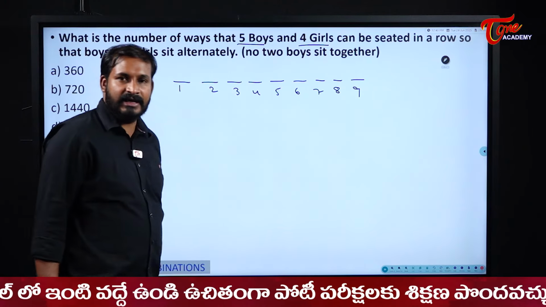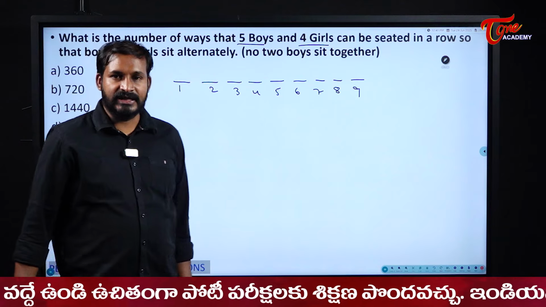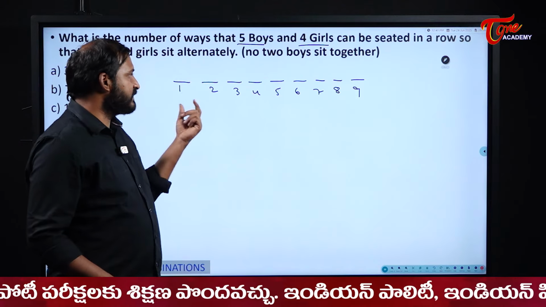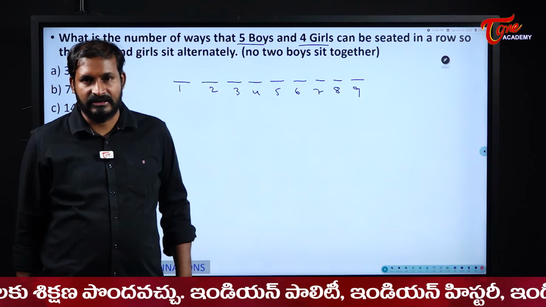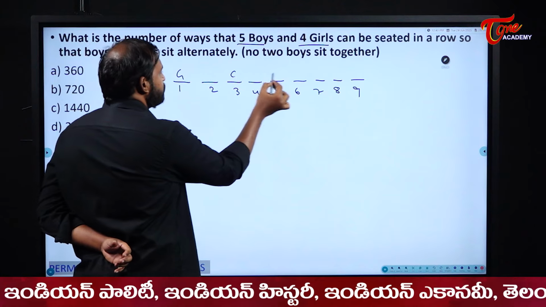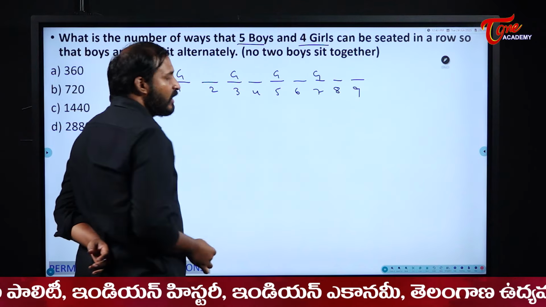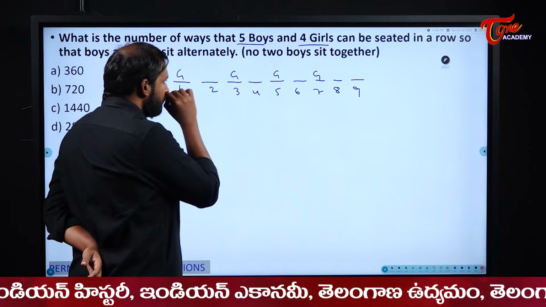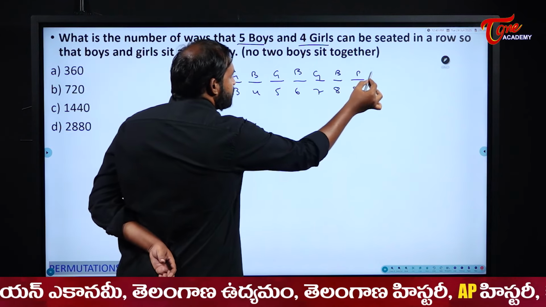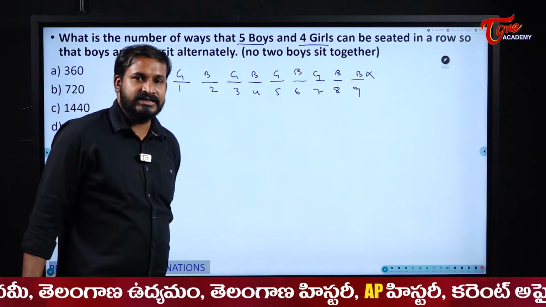They should sit alternately, meaning even and odd positions, right? Now for example, if for the time being I place girls at the odd positions, I should place boys at the even positions, right? So boy, boy, boy, boy, but here what is happening? 2 boys are sitting together.